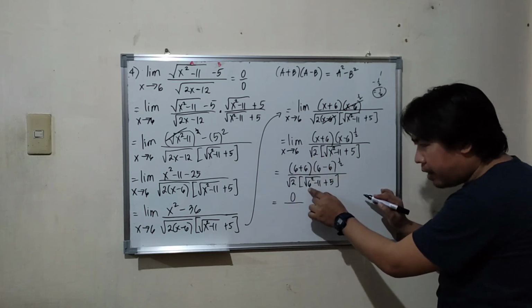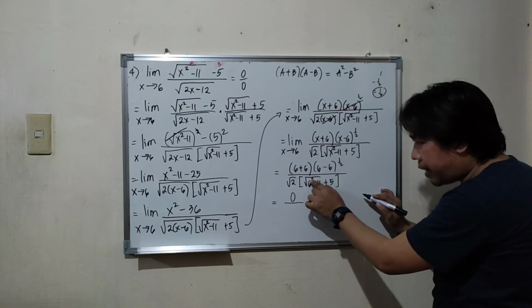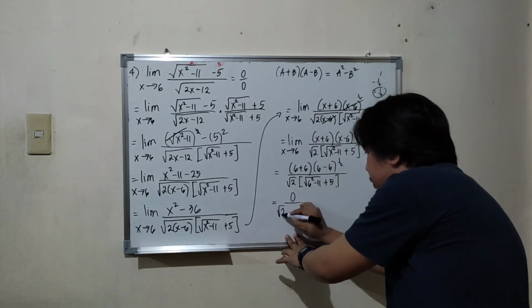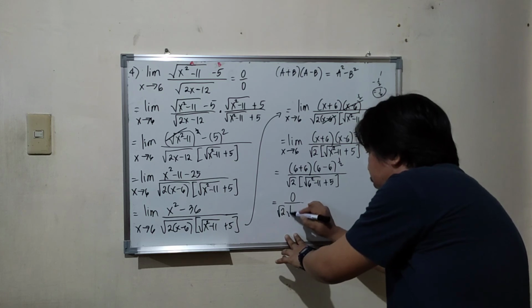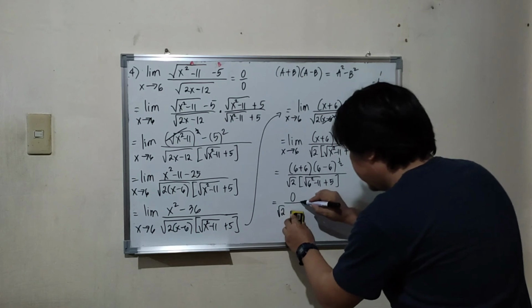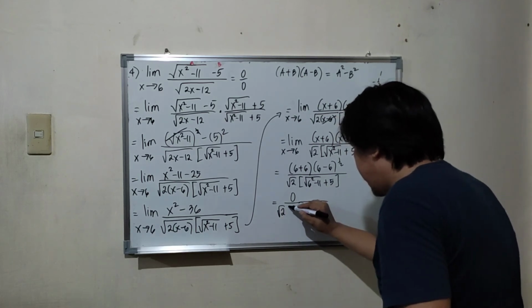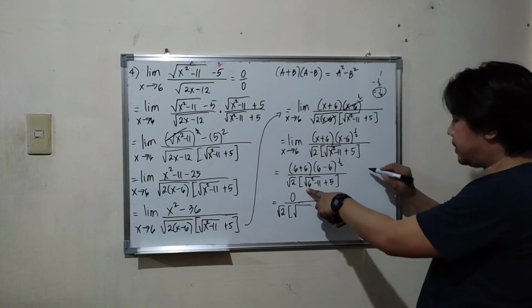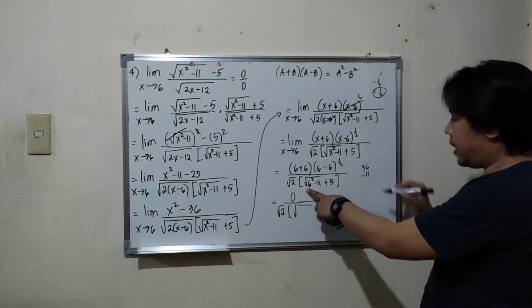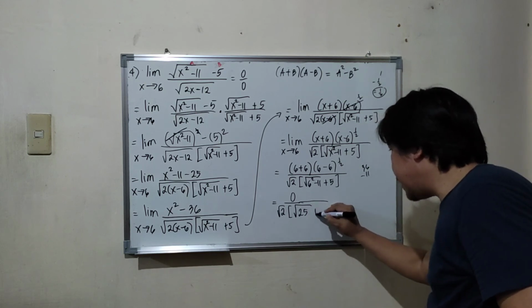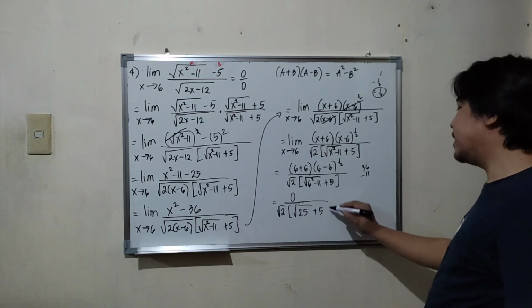Okay, so if we evaluate this, we have 6 squared, so that is equal to square root of 2 times square root of 6 squared, that is 36, minus 11, so that is square root of 25, plus 5. Okay, so it is not 0.